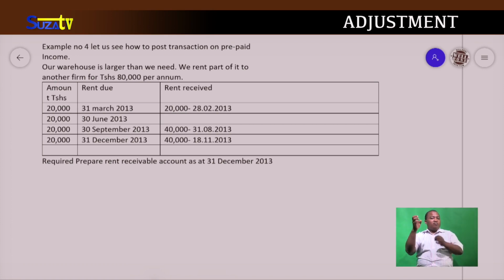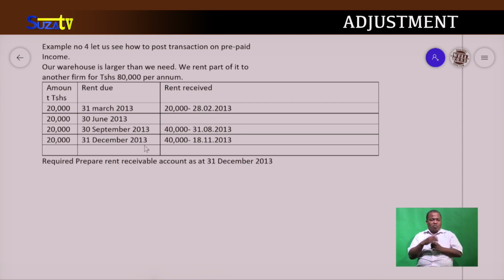The amount to be paid quarterly is 20,000 each quarter. Rent is due on 31st March 2013, 30th June 2013, 30th September 2013, and 31st December 2013.